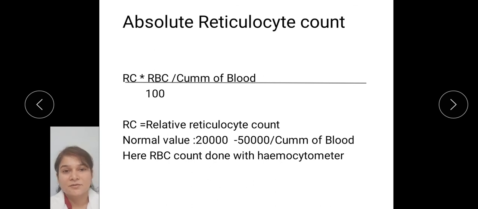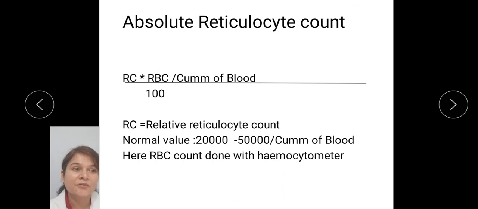Now the absolute reticulocyte count. For the absolute reticulocyte count, you require the relative reticulocyte count, or the reticulocyte percentage, and the RBC count. Here the RBC count is not in a microscopic field; you have to count it with the help of a hemocytometer. It means with the use of the improved Neubauer's chamber, the RBC pipette and the diluting fluid, with the help of hemocytometry you have to find the RBC count, divided by 100.